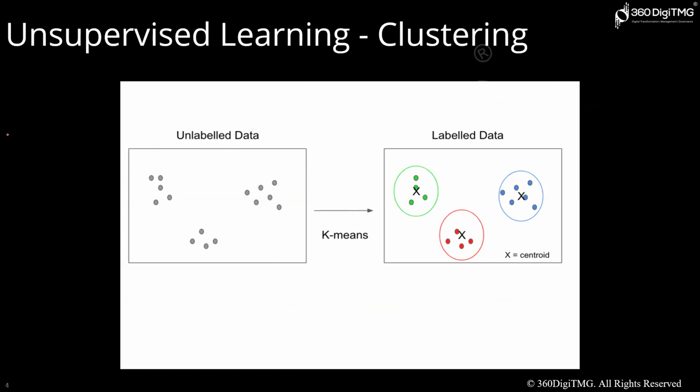So here k-means does two calculations. What are these two calculations? Within sum of squares and between sum of squares.